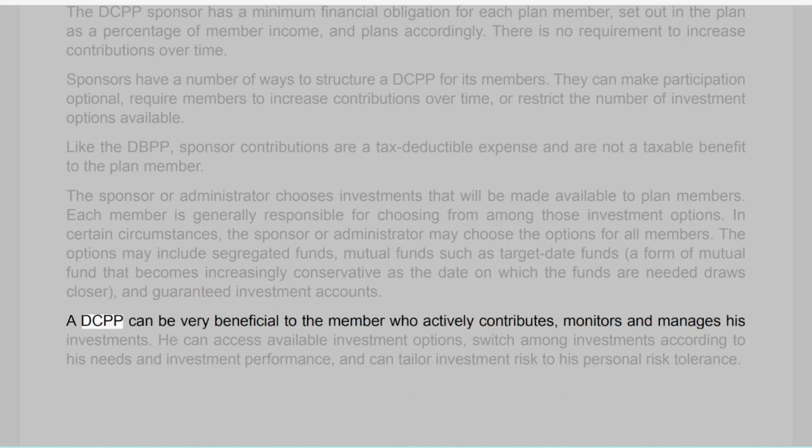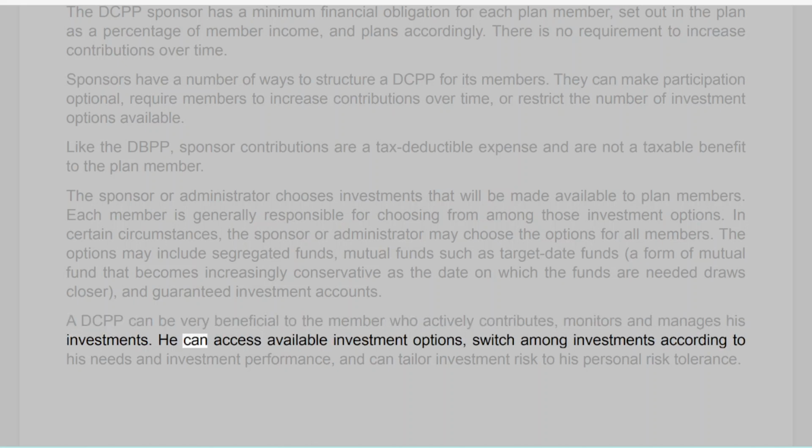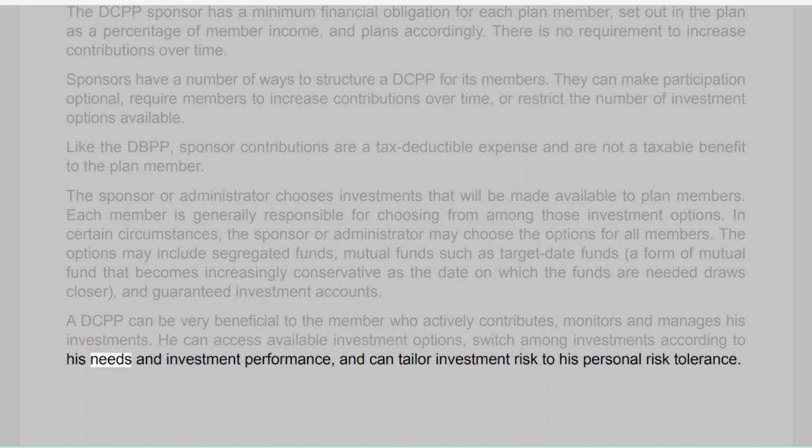A DCPP can be very beneficial to the member who actively contributes, monitors and manages his investments. He can access available investment options, switch among investments according to his needs and investment performance, and can tailor investment risk to his personal risk tolerance.